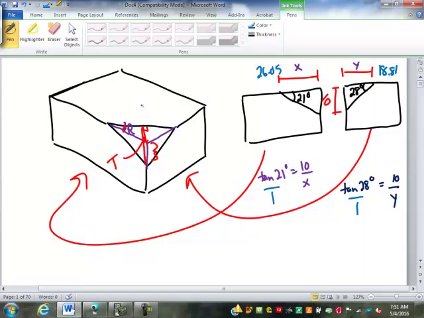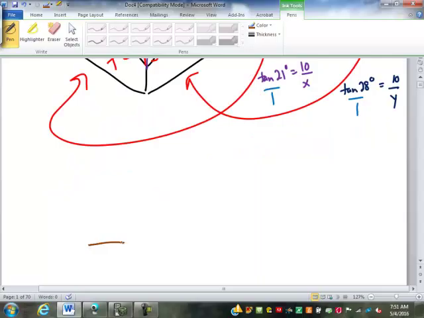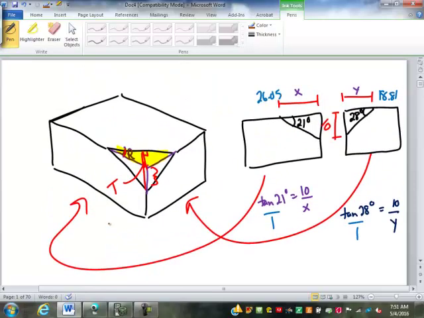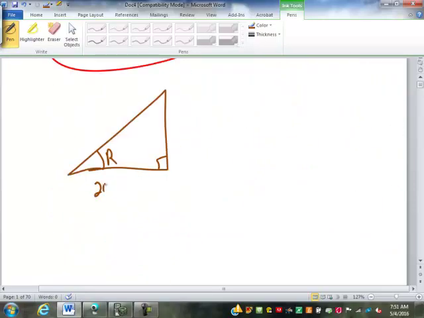So when I'm looking up here, if I look at this triangle on the top here, that's where I'm going to start. That triangle looks like this. Here's R. 26.05 and 18.81.